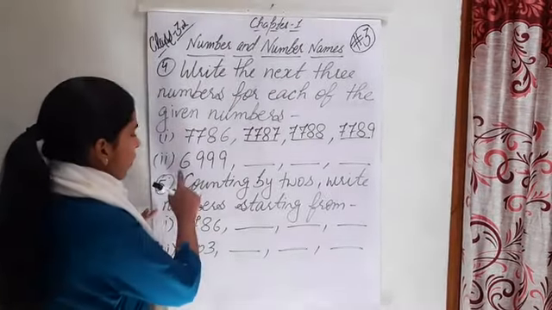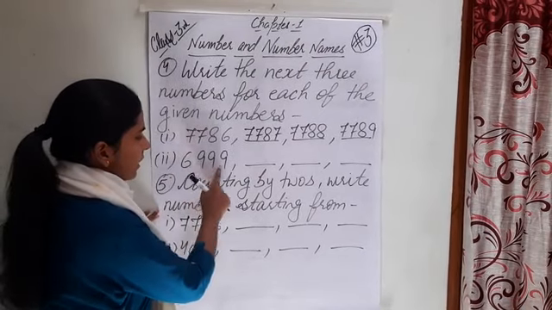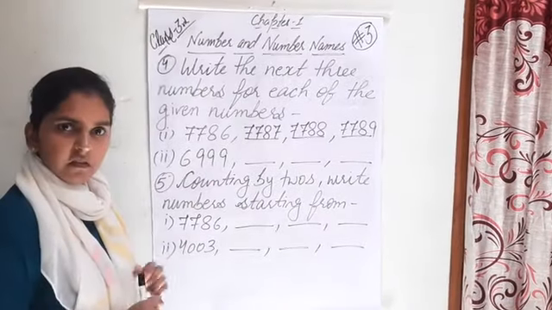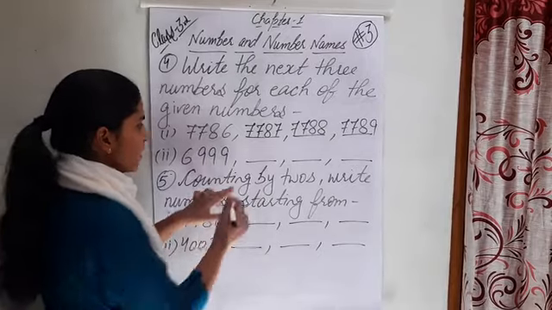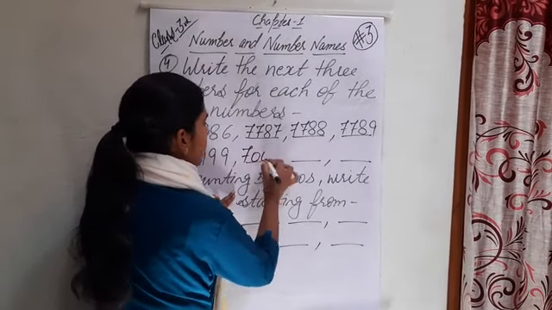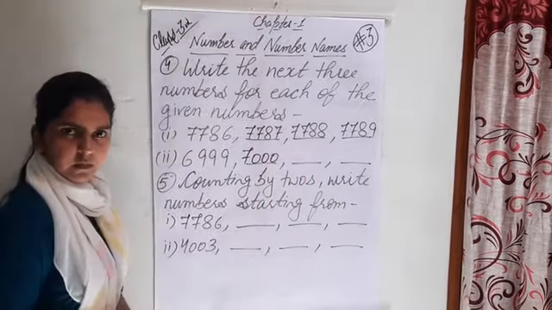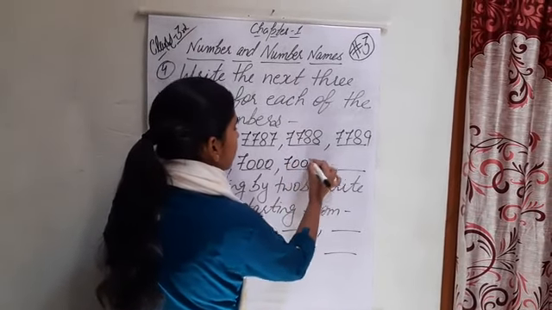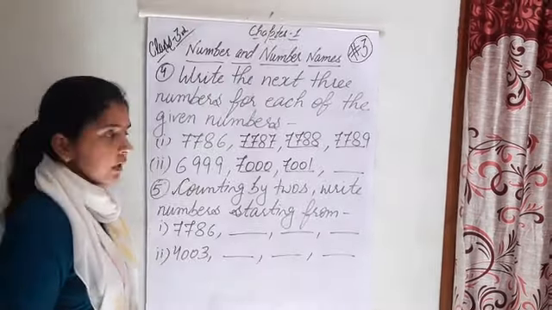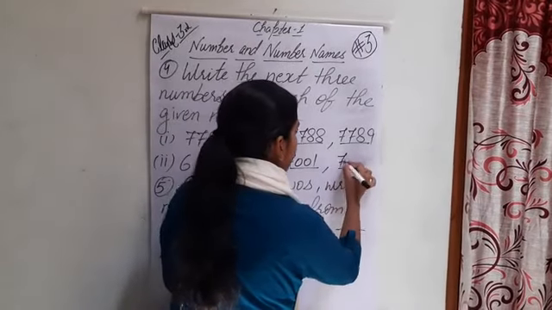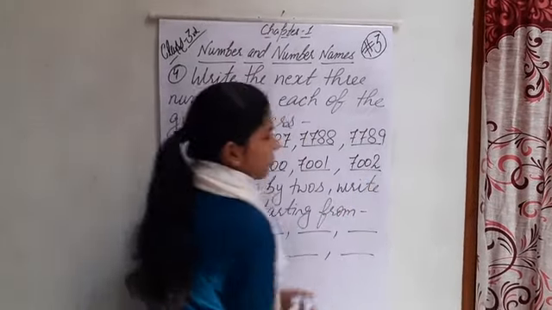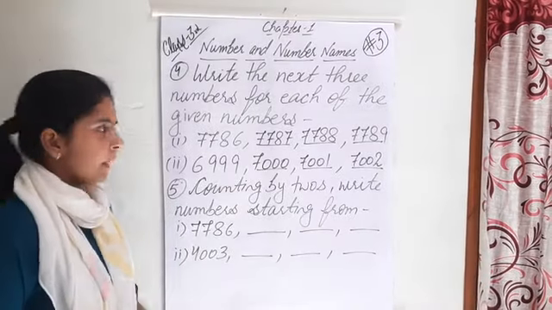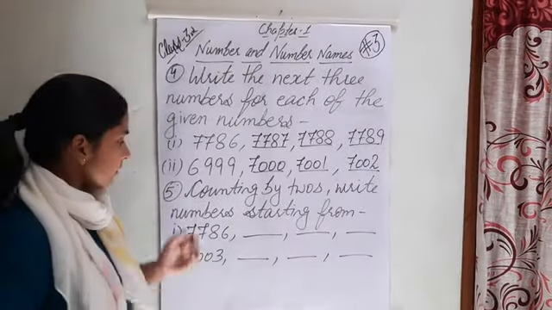So 6999. Next number of 6999 is 7000. After 7000, next number will be 7001. Then next number will be 7002. These are the answers.